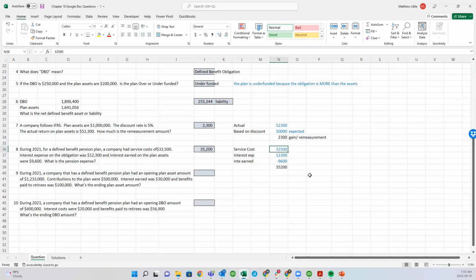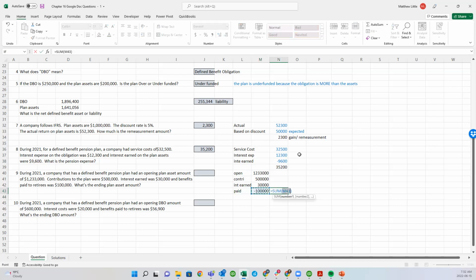So our opening plan asset was 1,233. Okay, we're told that. Our contributions, we're told, are 500. So we're looking at the asset side, not the obligations. The interest earned was 30. And our amount paid to retirees was $100,000.